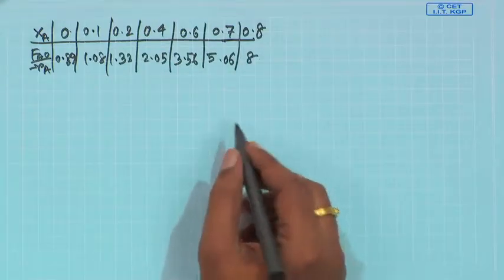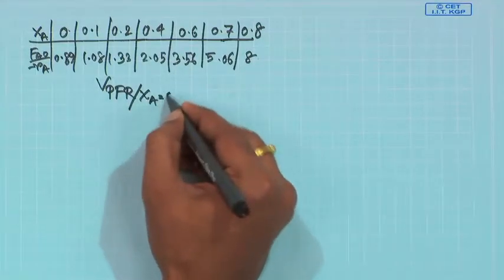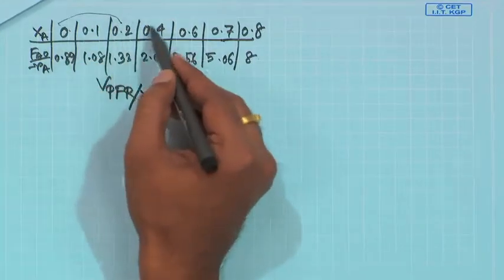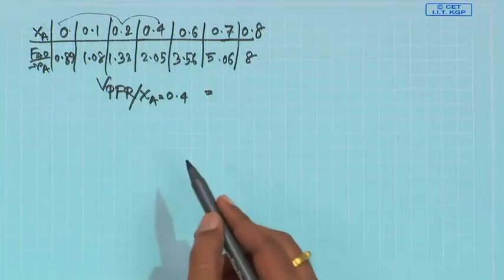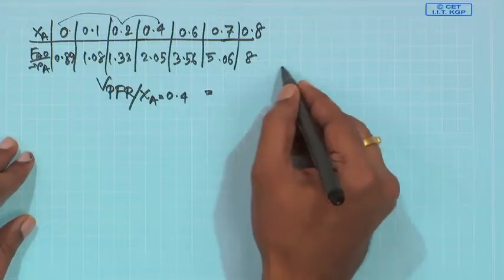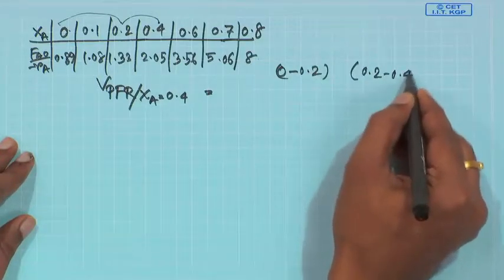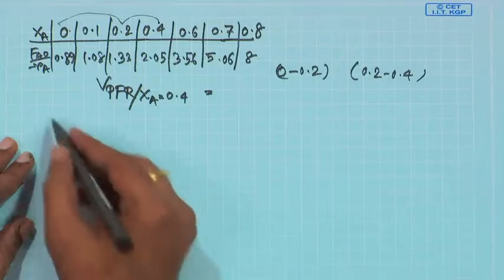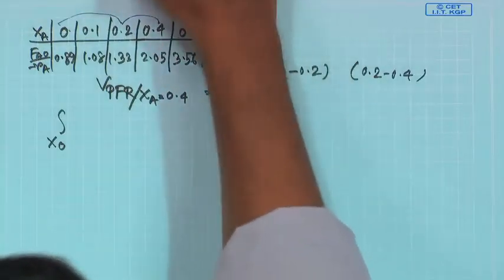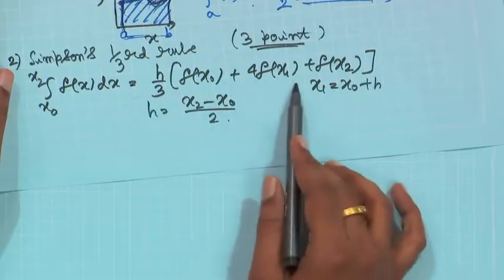So, the question was to obtain the volume of PFR necessary for a conversion of 40%. You can have 2 equally spaced intervals, as I told you, so you can apply Simpson's 1/3 rule. One interval is 0 to 0.2 and the other is 0.2 to 0.4. If you look at the expression for Simpson's 1/3 rule, when you have two intervals, specifically it is this.